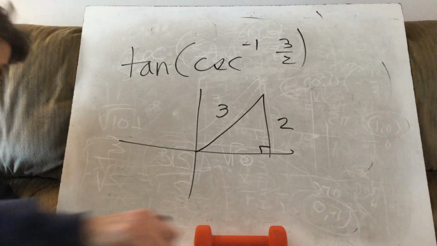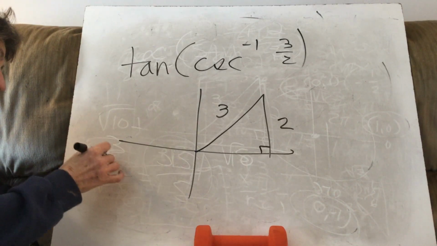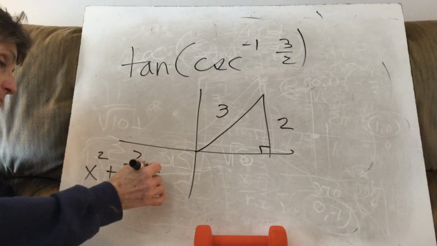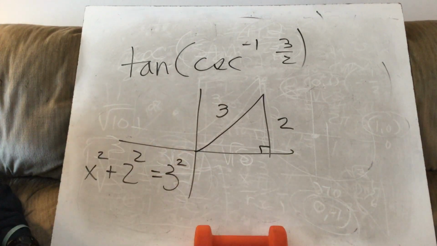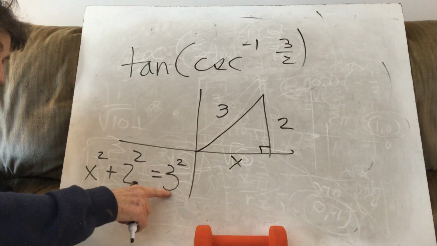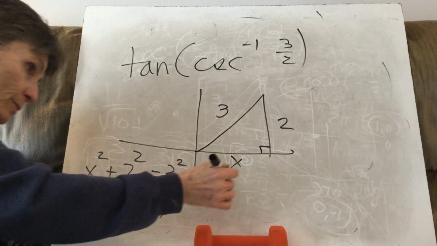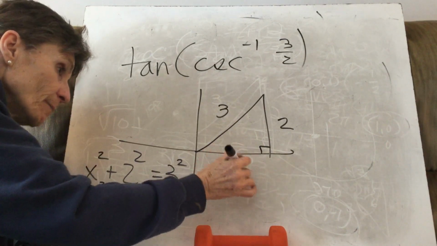Gabe Jones, what's my missing side down here doing the Pythagorean theorem? X squared plus 2 squared equals 3 squared. Is it square root of 5? Yep, square root of 5.